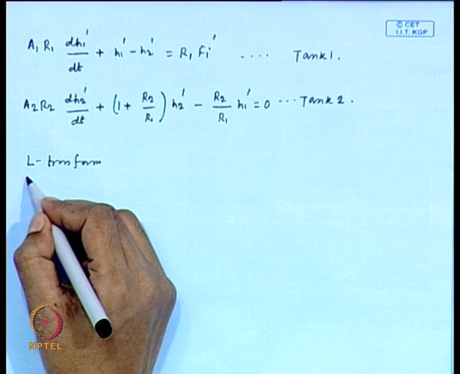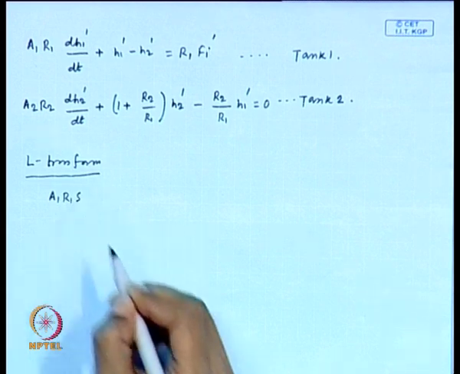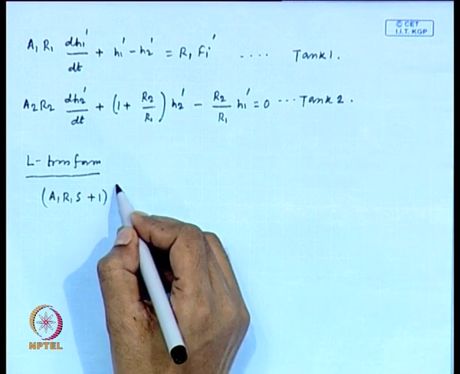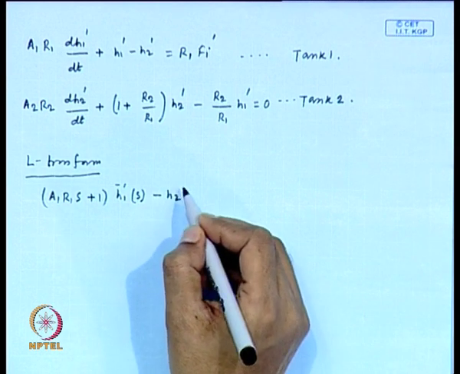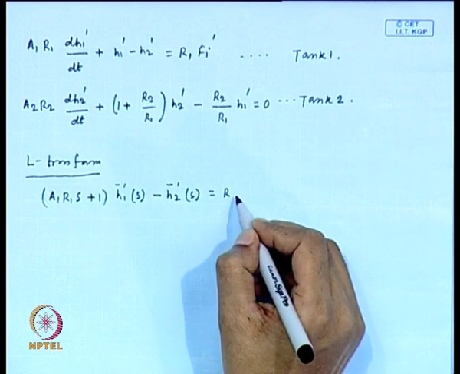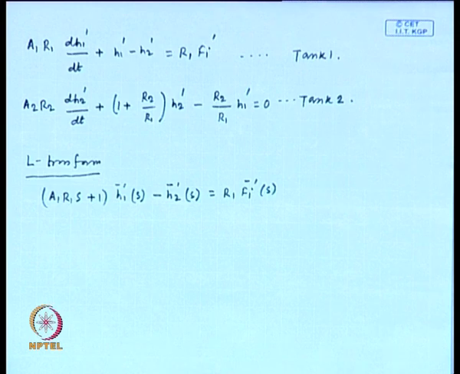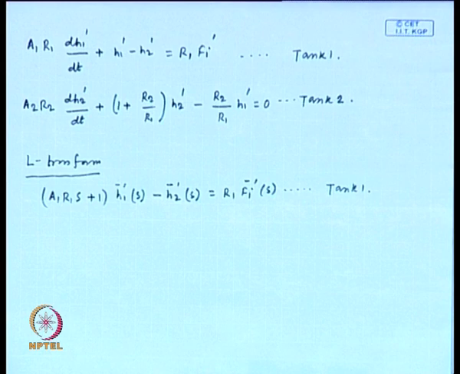Taking Laplace transform, we get for tank 1 (A1 R1 s plus 1) H1 bar prime(s) minus H2 bar prime(s) equals R1 Fi bar prime(s). Taking Laplace transform of the modeling equation of tank 1, we obtain this form.